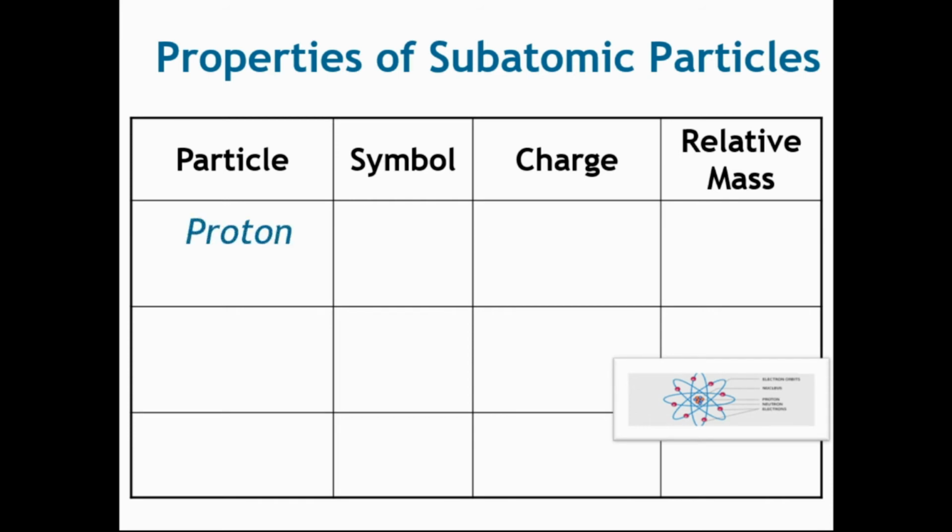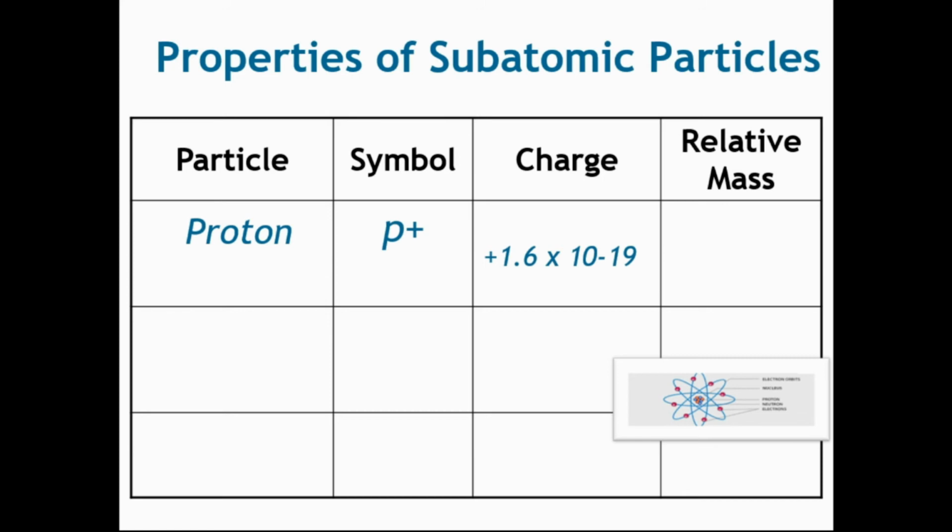Now we take the proton, as has already been said. The symbol is P and has a charge of positive 1.6 times 10 to the power 19 coulombs. In your basic school science, they tell you the charge of the proton is +1.